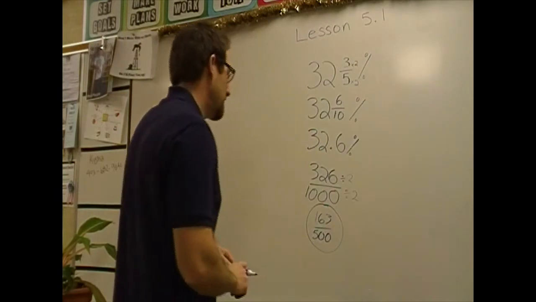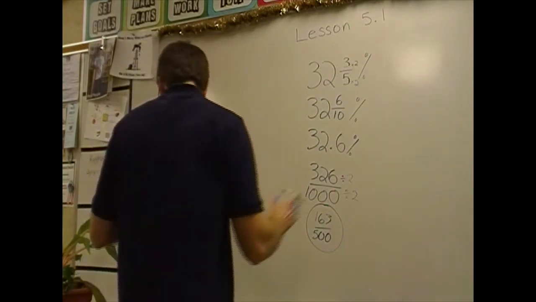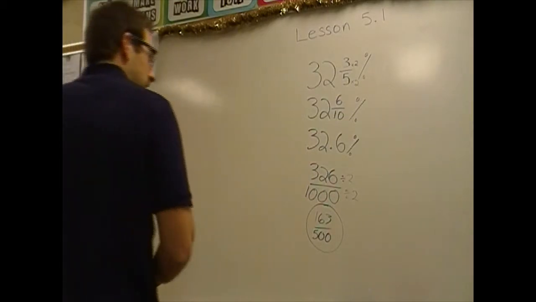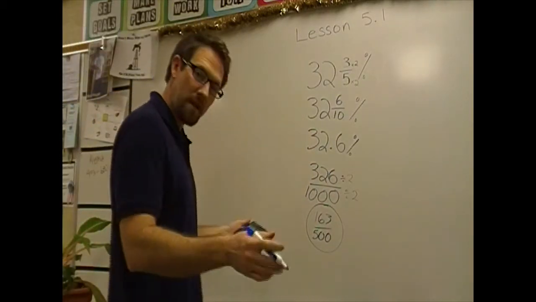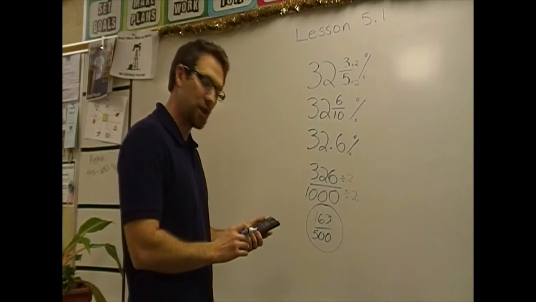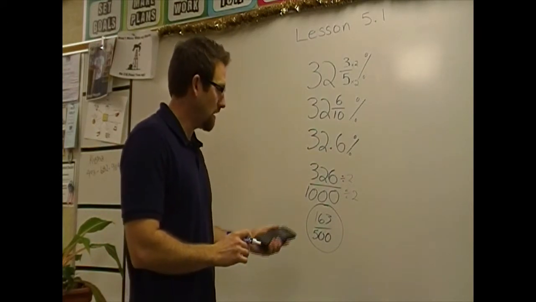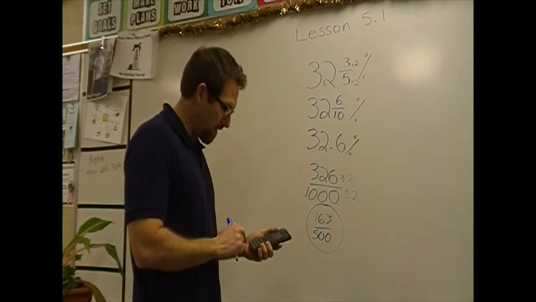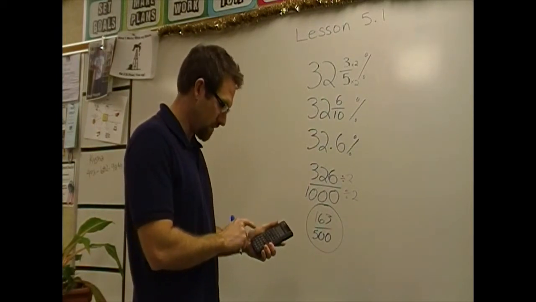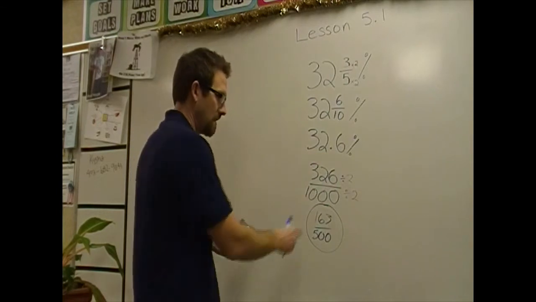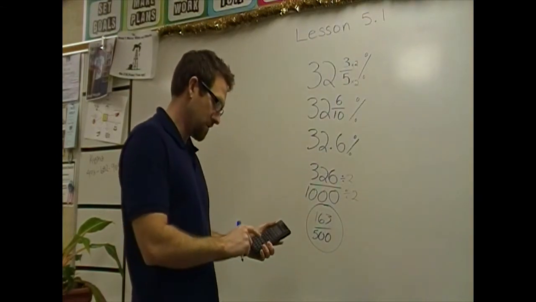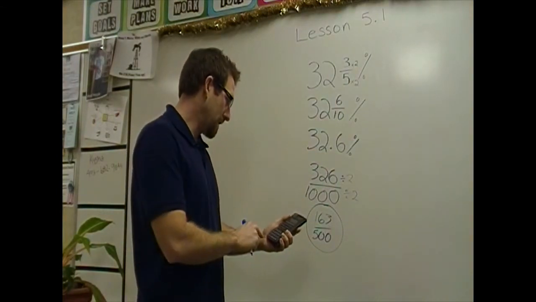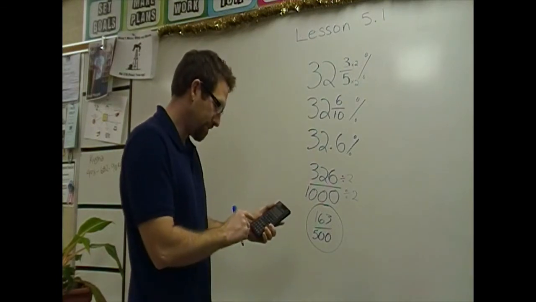Now let's convert that into our decimal. So all you're going to do is take your calculator. Anytime you want to convert a fraction into a decimal, you're just going to divide the numerator, which is the top number, by the denominator. So watch this. I put in 163 because that's my numerator, and I'm going to divide it by my denominator, which is 500.